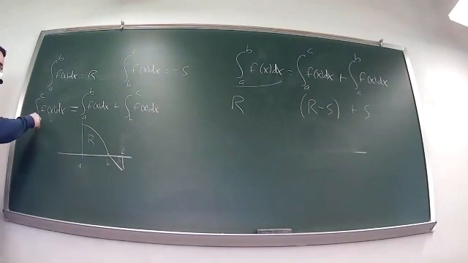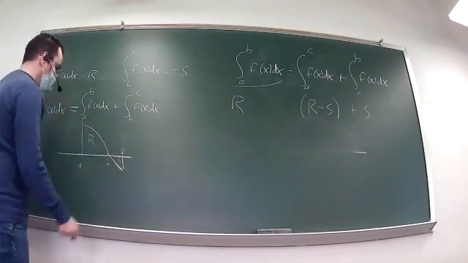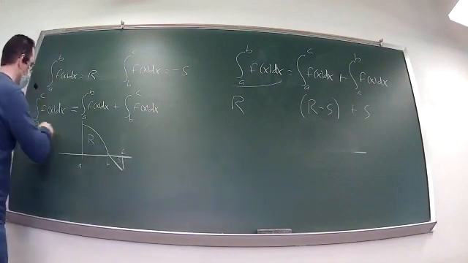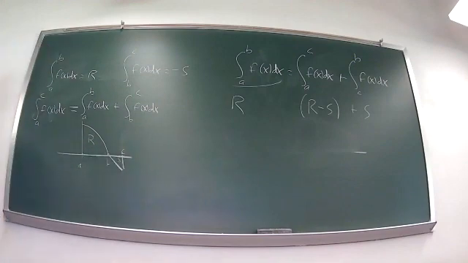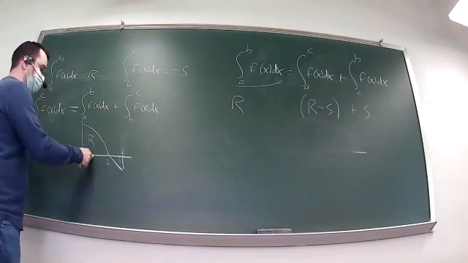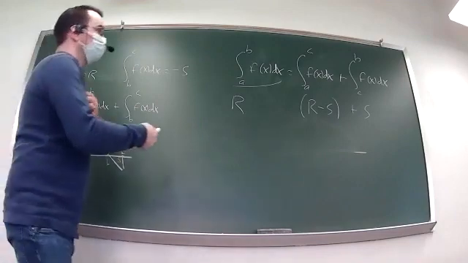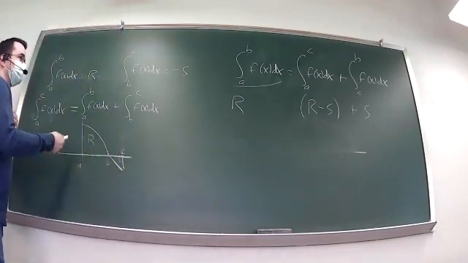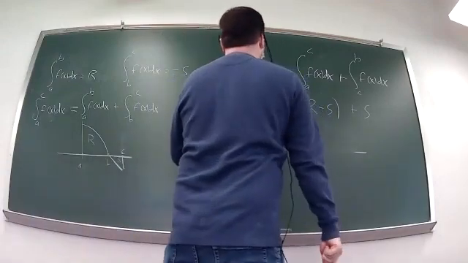So when you do this additivity of domain, you pick 3 points, A, B, and C. You can integrate from A to C, and that'll be equal to the integral over this part plus that part. But it's also true that C doesn't even have to be in between A and B, like we've set up here.